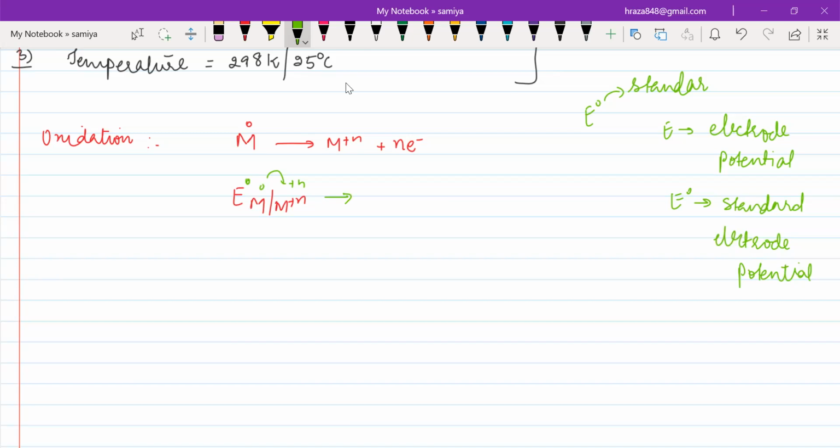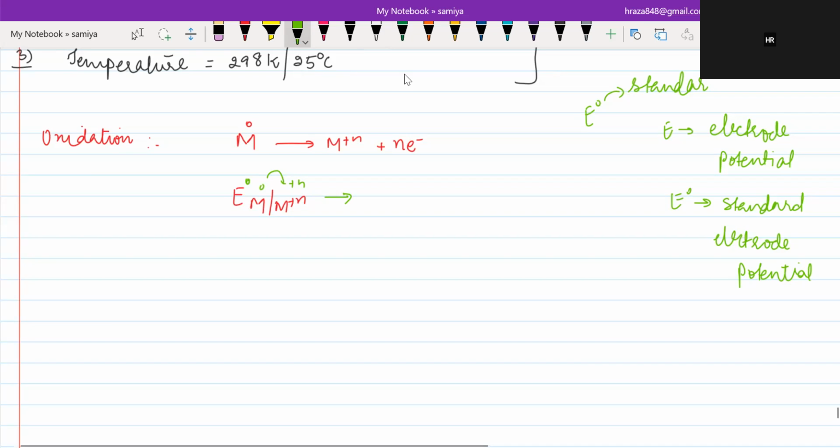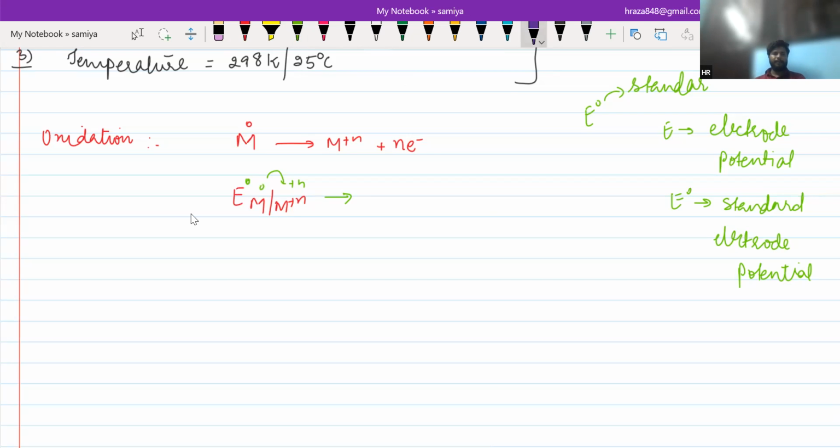You can see that here oxidation takes place, so it is oxidation potential.